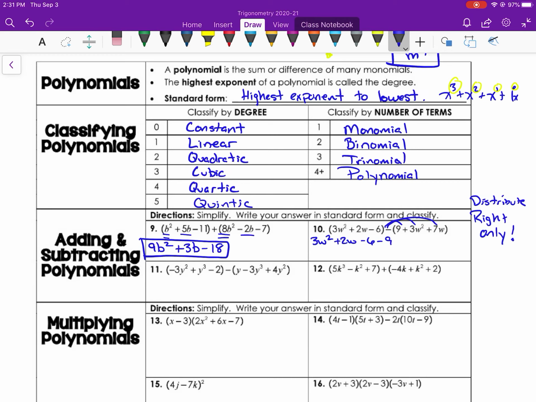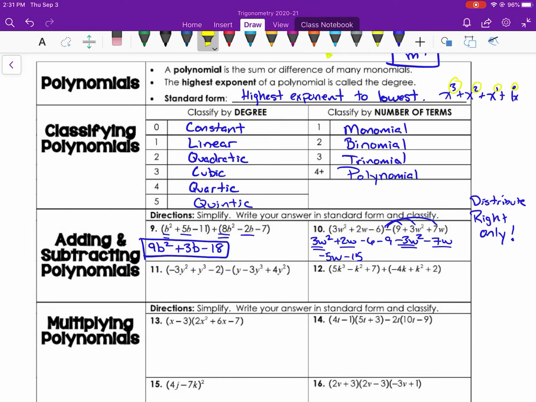When you distribute a negative, it just changes all the signs: minus 3w squared minus 7w. So 2 lines, 1 line, 2 lines, 1 line. After I combine, 3 minus 3 is 0, so that's gone. Then 2 minus 7 gives you negative 5w. Then negative 6 minus 9 is negative 15.